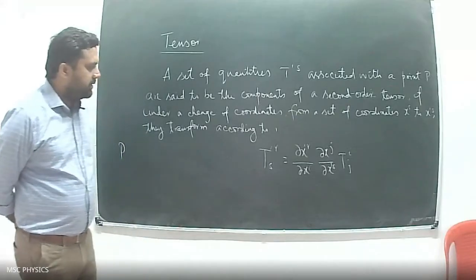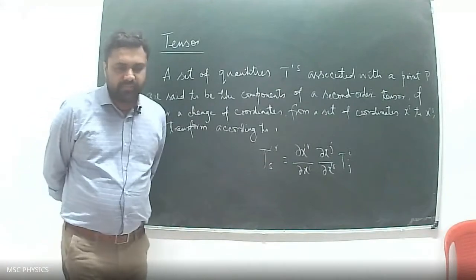Sir, it means basically tensor is a kind of a matrix type thing. No, no, no, no. I did not say matrix here. Sir, in the second line, we are saying that it is a component of a second order tensor. Then what is actually a tensor? It is a component of tensor itself.